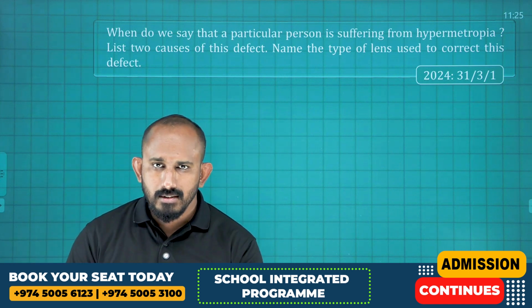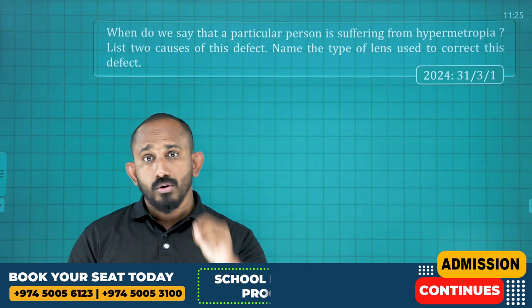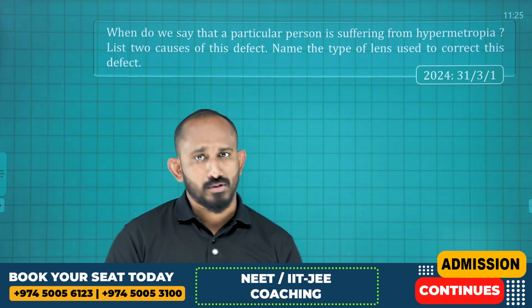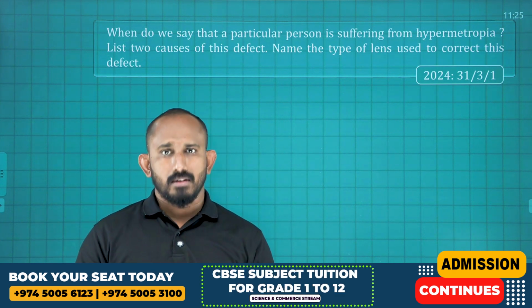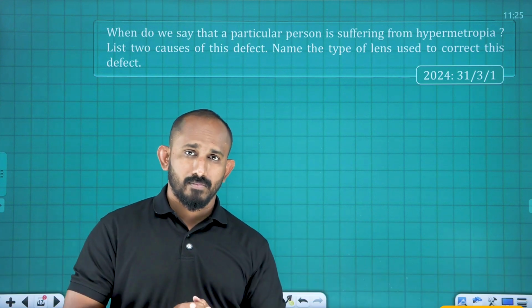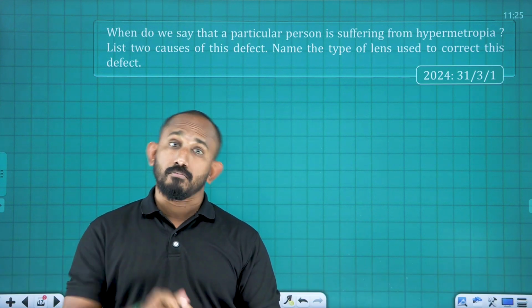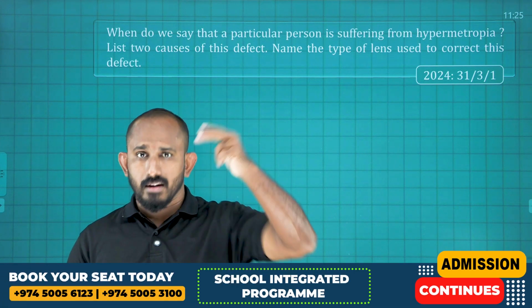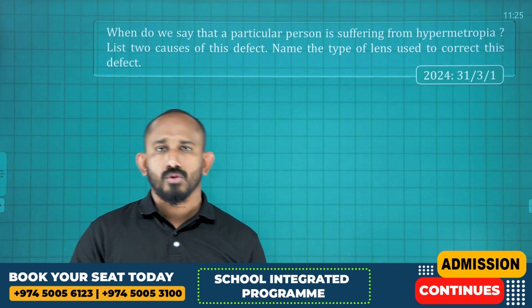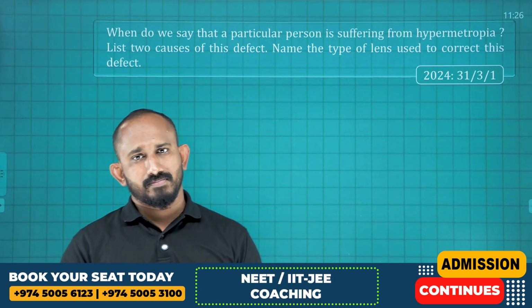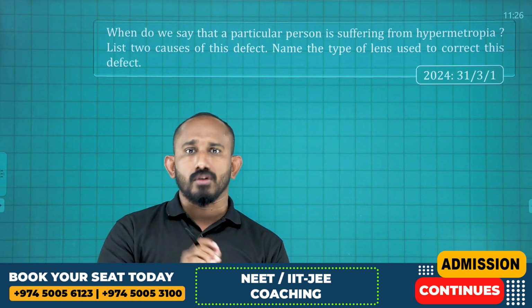So if a child feels difficulty reading a book clearly, he may have hypermetropia. While if a child has difficulty reading the whiteboard, he may have myopia, because the whiteboard is far from him. To read faraway boards, writings and far things, he is not able to see. That is myopia. See the practical method of explaining.